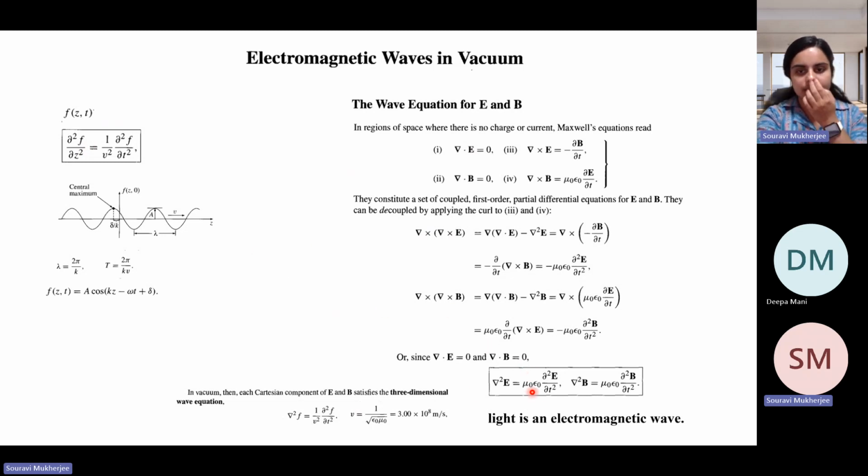And here you can relate this mu naught epsilon naught as some velocity of your electromagnetic wave, okay, and that is equal to 1 by root over epsilon naught into mu naught. And if you calculate that, you get exactly the speed of light. So this in a way tells you that light is actually an electromagnetic wave.